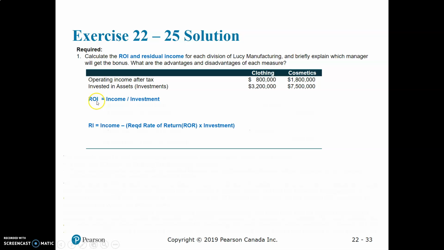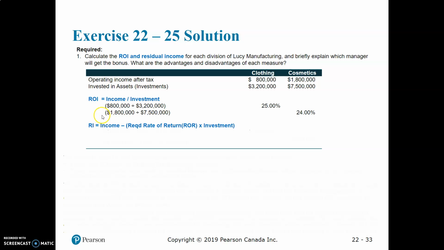To calculate the ROI, we know that the formula is income divided by investments. So let's calculate the ROI for both divisions. We know that the after-tax operating income for the clothing division is $800,000. So that's our income divided by the $3.2 million in investments, which gives us an ROI of 25% for the clothing division.